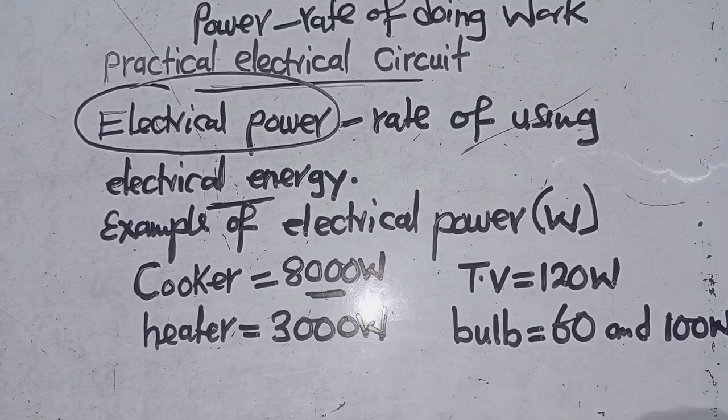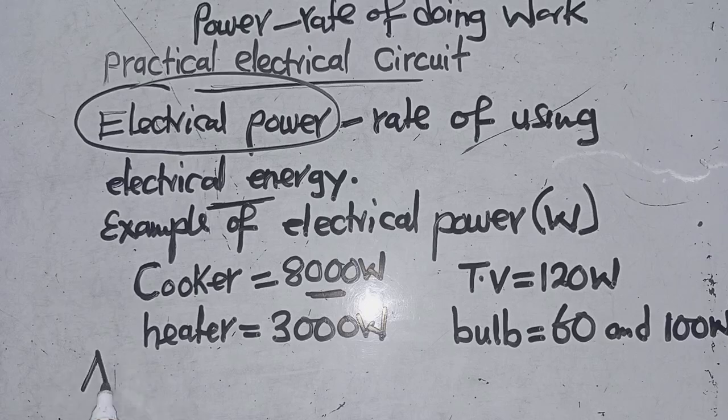So when you are given a question in an exam, say a bulb of 60 watts, what you need to do now is to convert. You convert to 60 joules of electric energy into light and heat energy per second.